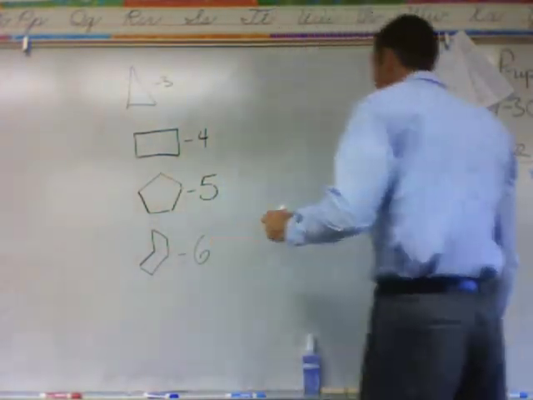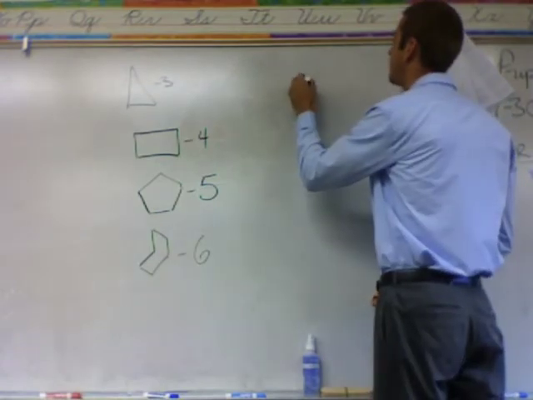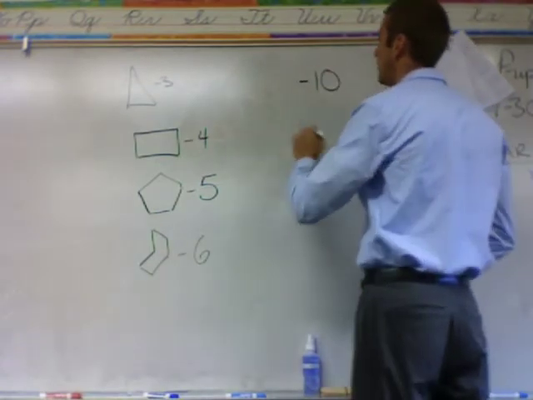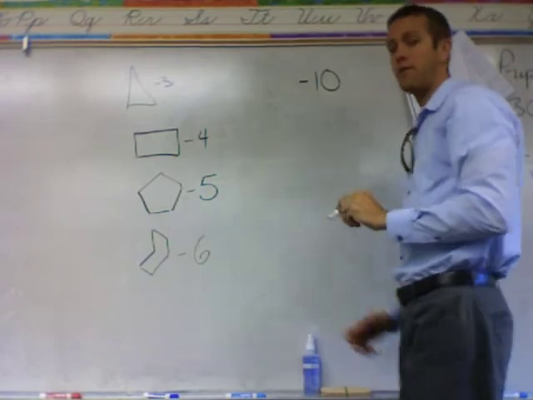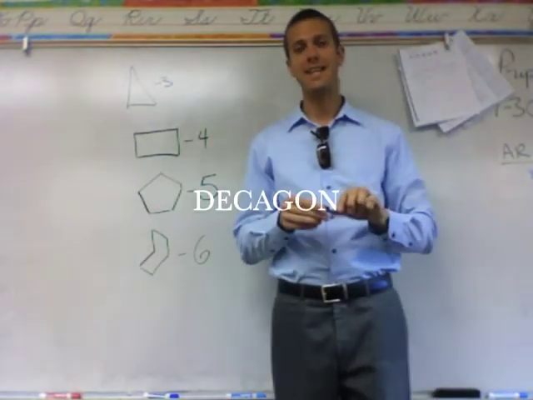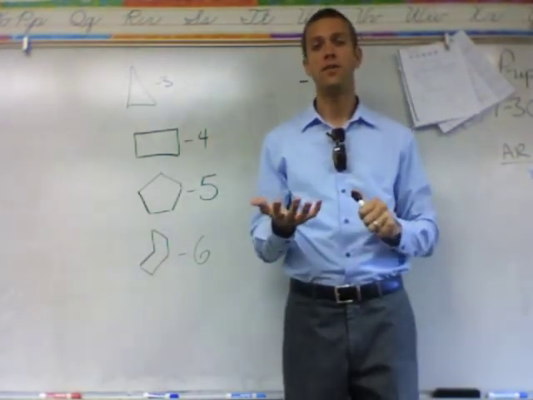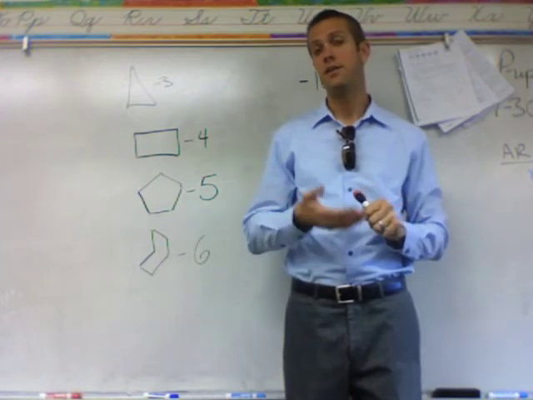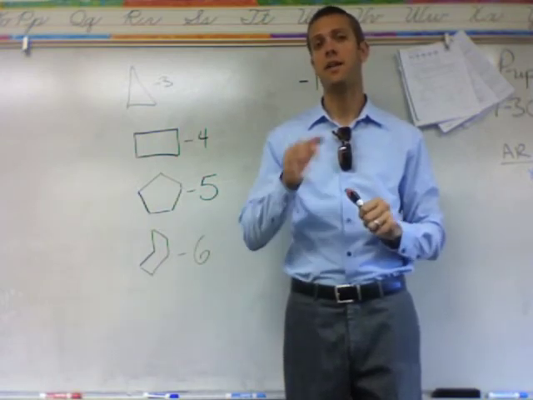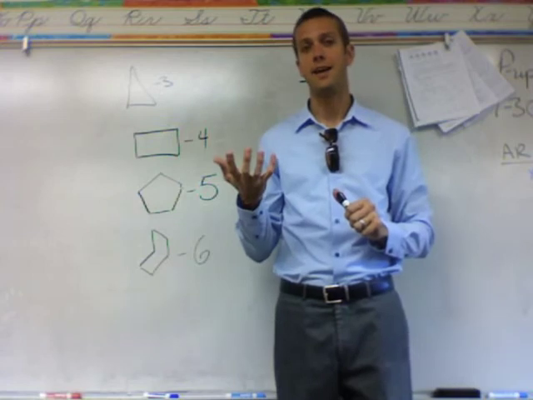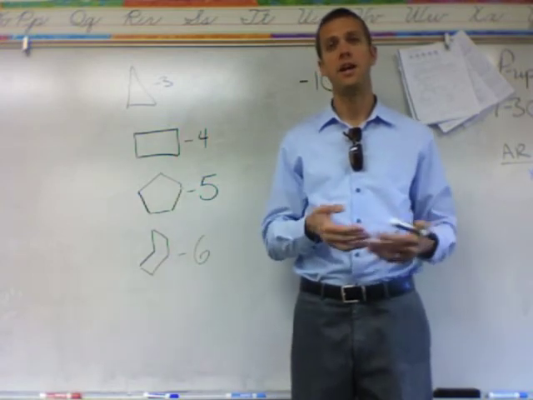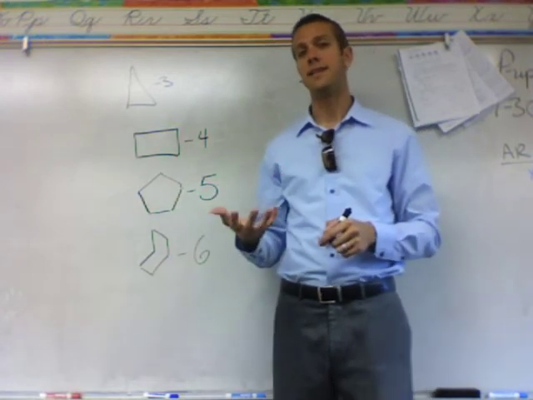Now we're going to skip 9. A 10-sided shape, I'm not going to draw it because it's going to take forever, but a 10-sided shape is a decagon. How many years are in a decade? 10 years. Deca, the root word, means 10. So a decade is 10 years, and a decagon has 10 sides.